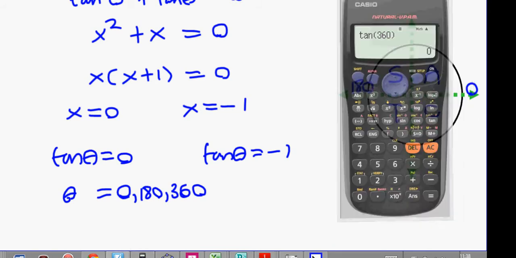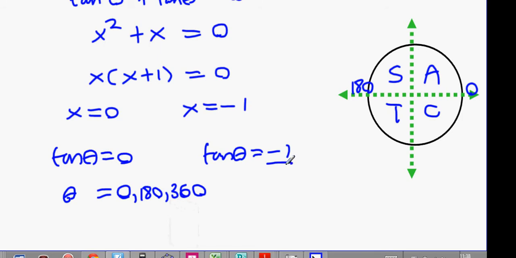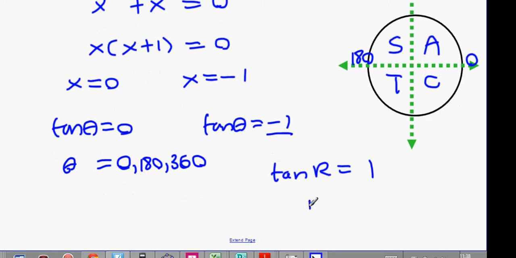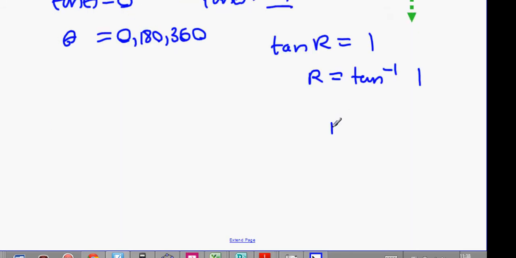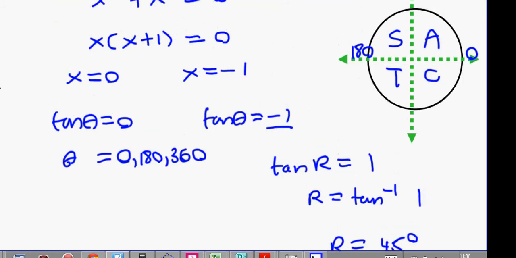Alright guys, this one here is a problem because it has an actual angle. We have to find the reference number first. Tan of the reference number equals what? 1. So therefore R equals tan inverse 1. R therefore is 45 degrees. What are the two quadrants we need?